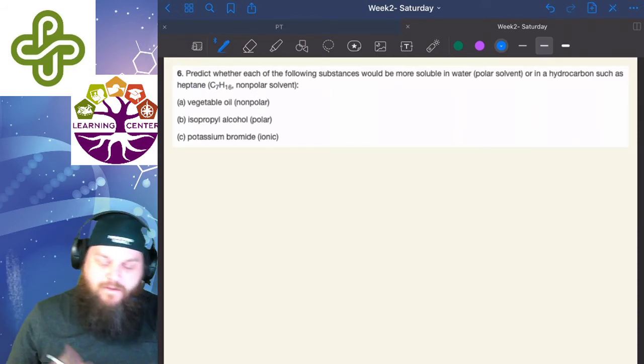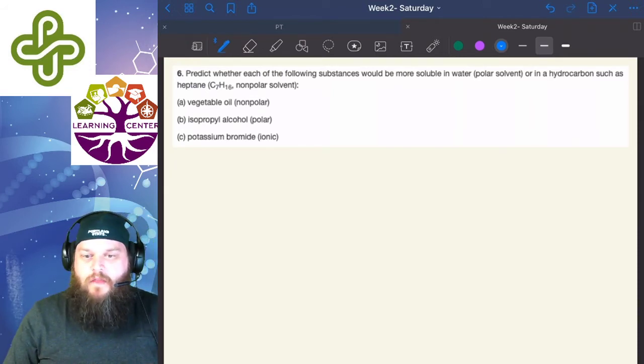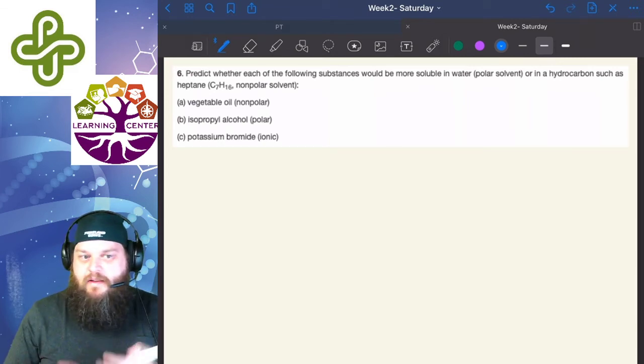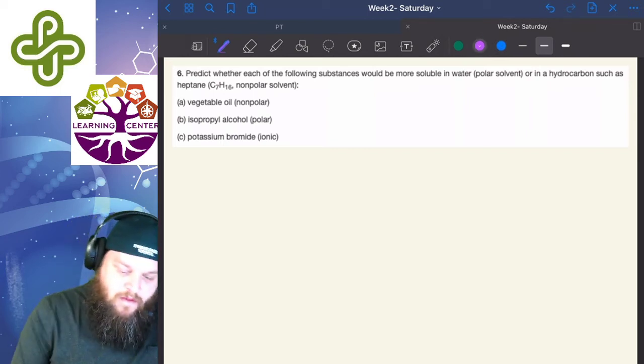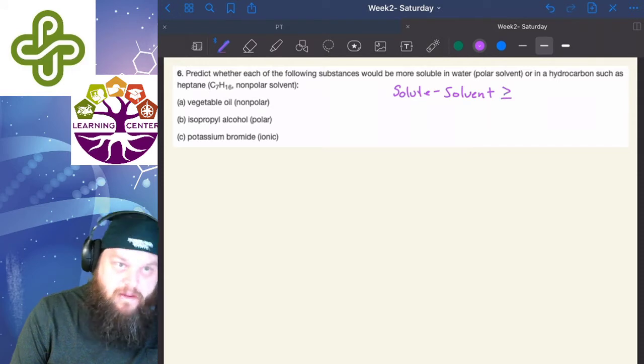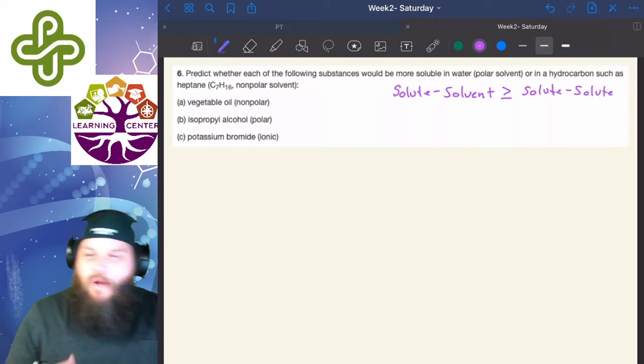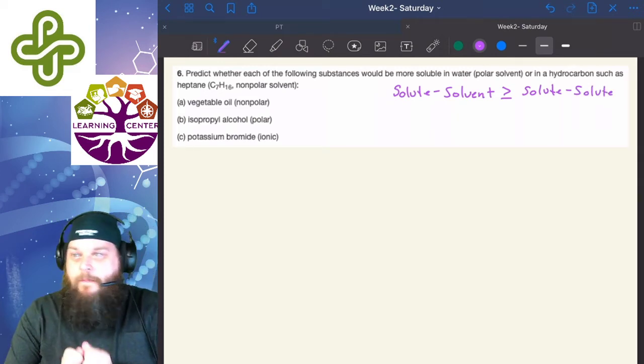And really, for something to be soluble, the forces between the solute and the solvent need to be equal to or greater than the forces between the solute molecules themselves. So I'm going to write that up here. Solute-solvent forces need to be greater than or equal to the solute forces, that is, how well the solute bonds to itself.